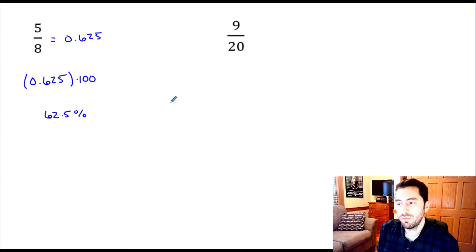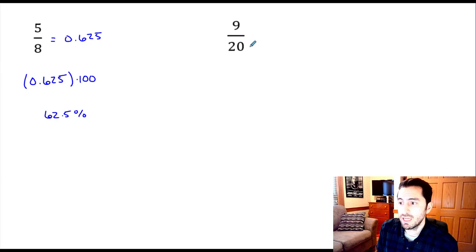The second way that we can convert a fraction into a percent is we could write it over a denominator of 100. Again, because a percent literally means parts per 100, if my denominator is 100, the numerator will represent my percent. So here I have 9/20. So I want to make the denominator 100.